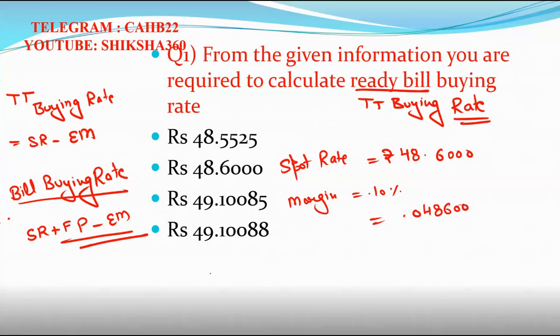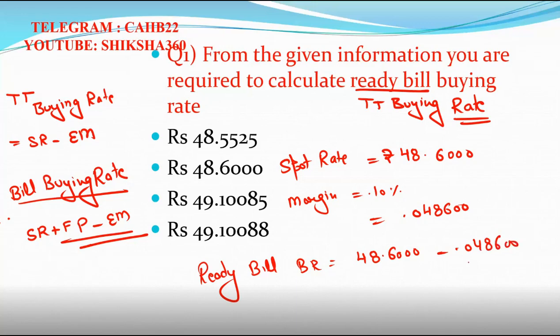So what is the ready bill buying rate? Simply subtract: 48.6000 minus 0.048600. When we do the subtraction, we get 48.55140.